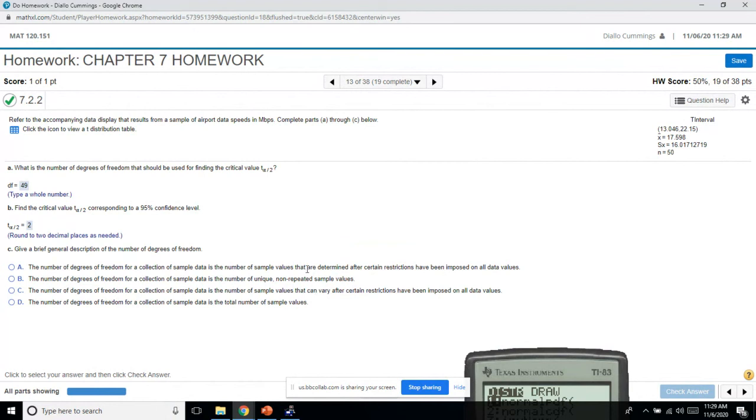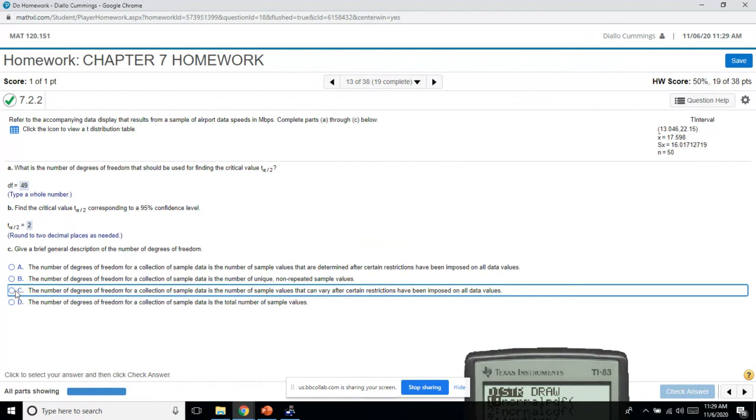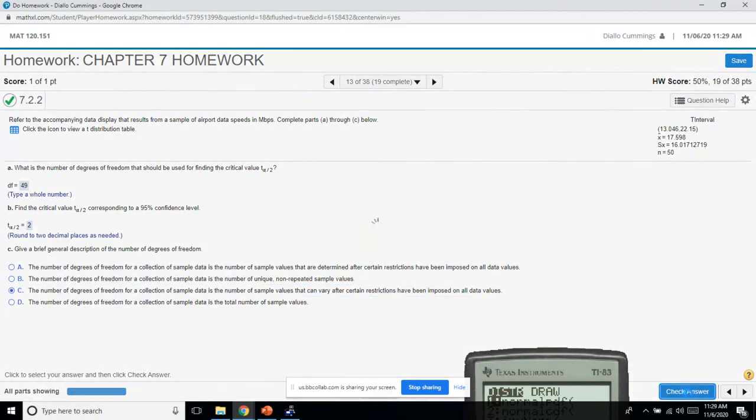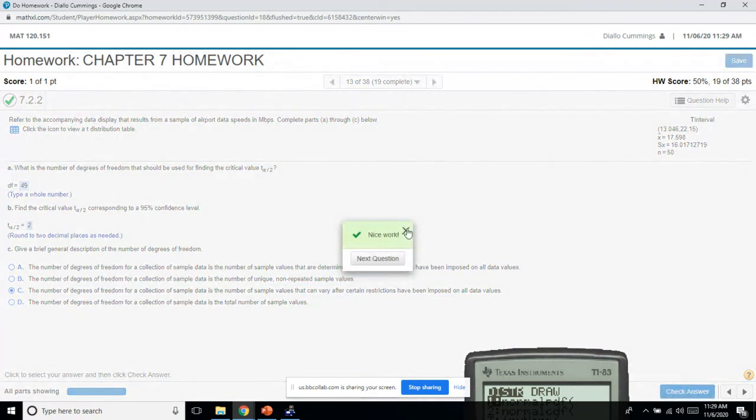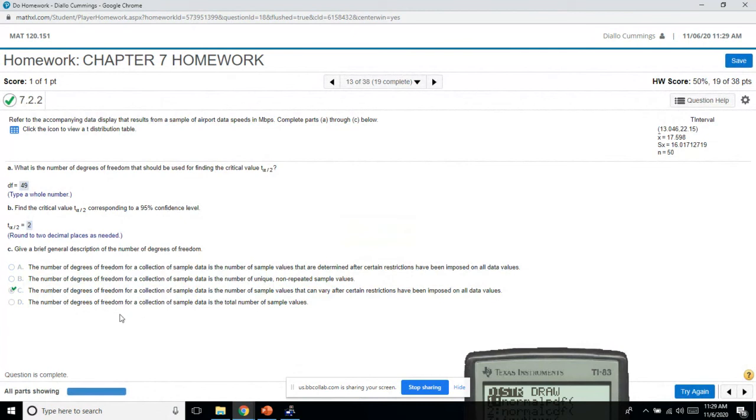The other statement does not contain "that can vary" after certain restrictions have been imposed on all of the data points. So our correct interpretation here should be C. You can align this with page 318 and see how this interpretation lays out.